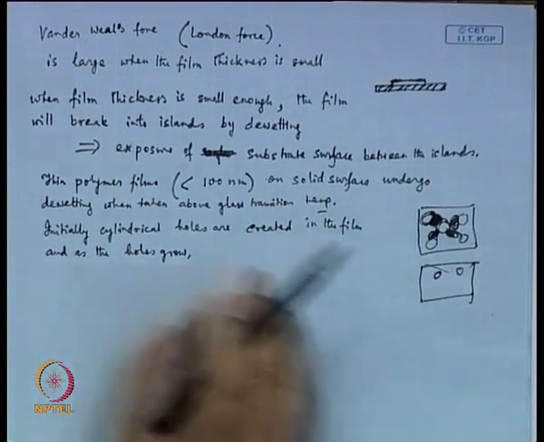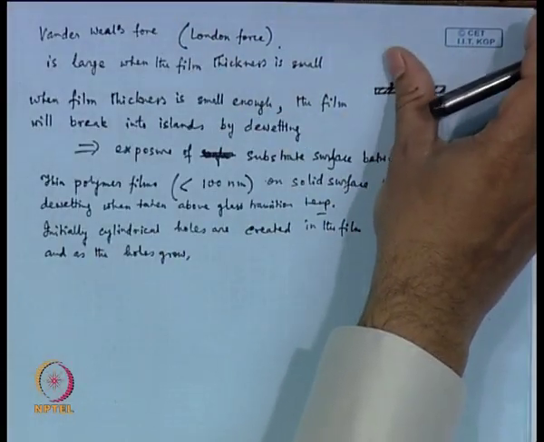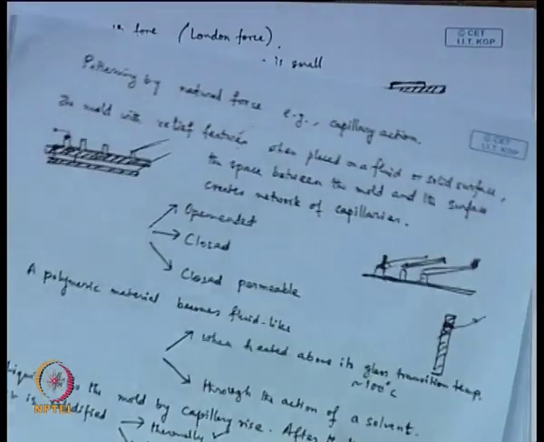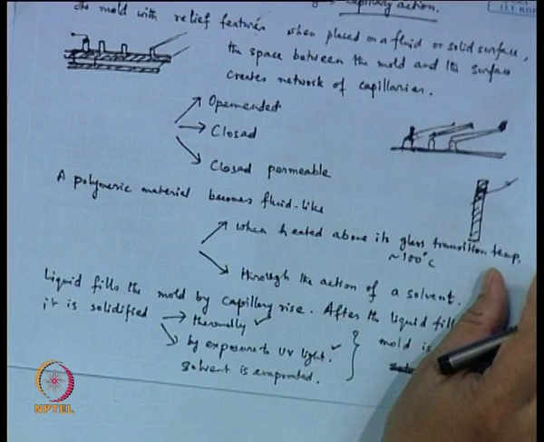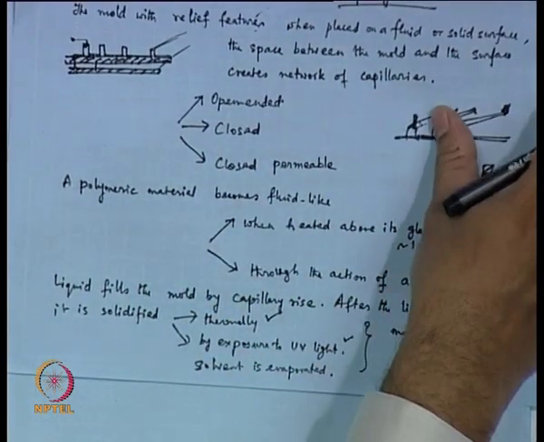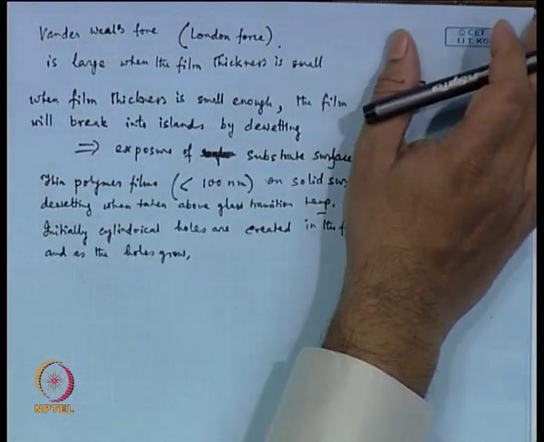All right. Now, with this background, I have basically a choice: one is capillary action, which we have talked about, and I said there are various methods possible. There is also another alternative method, which is the use of van der Waals force, and this is applicable for features which are probably sub-micrometer scale.